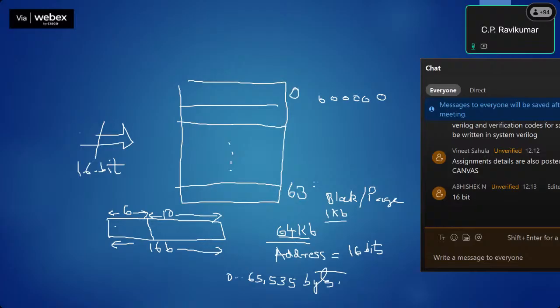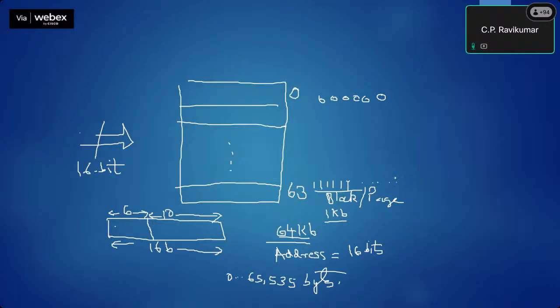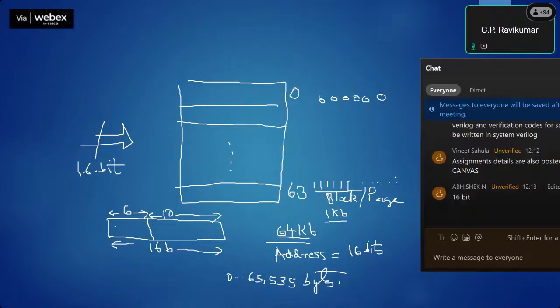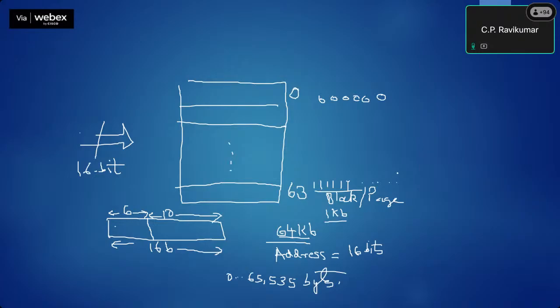This guy has the address 111111. And within that, the byte addresses will go from 10 zeros to 10 ones. Is that clear to everybody? Okay.